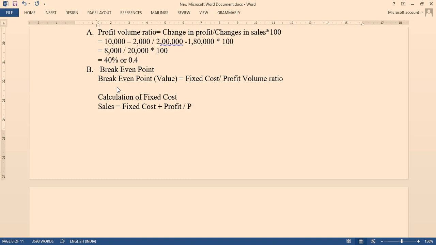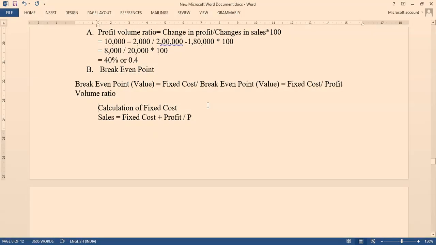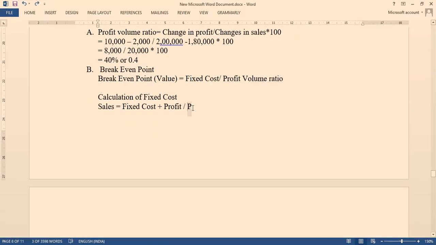We can write profit volume ratio also. I'll just copy this and paste. Now with the help of this, the sales information is already given. Either we can take 2016 or 2017. Let us take 2016 itself. The sales is almost 2 lakh equals the fixed cost, no information is given for that, plus the profit, which is already available, 10,000.